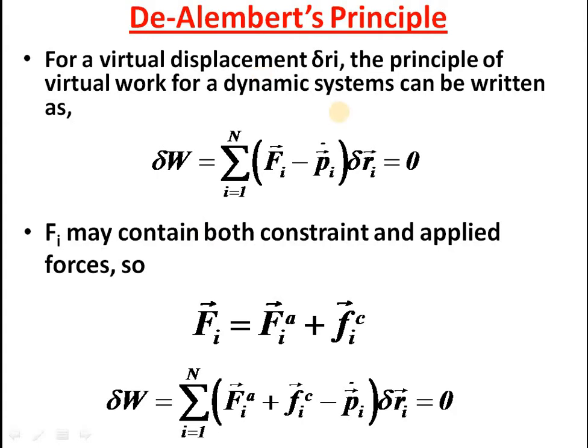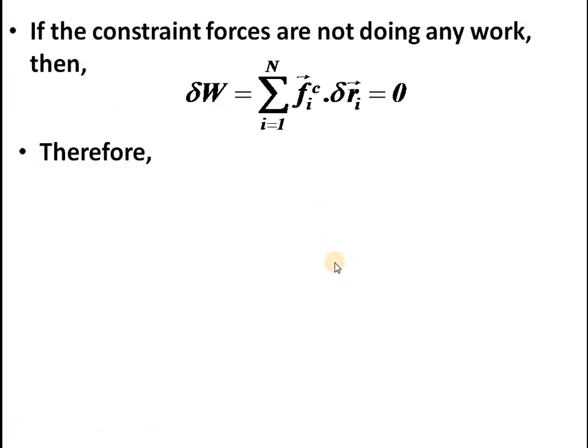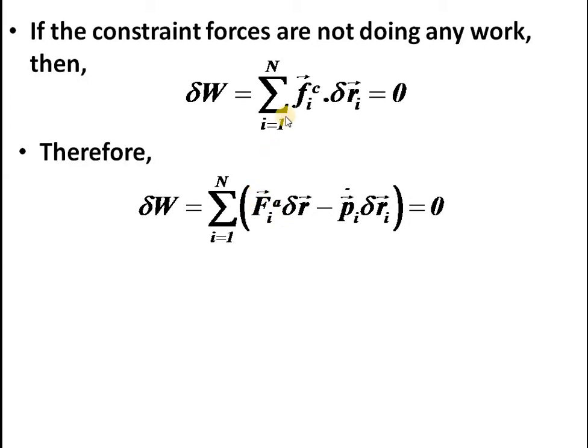So the first equation can be modified in this form. And as you know, constraint forces do no work, so their product with the virtual displacement will be 0. So our modified equation will be like this, because constraint forces do no work.